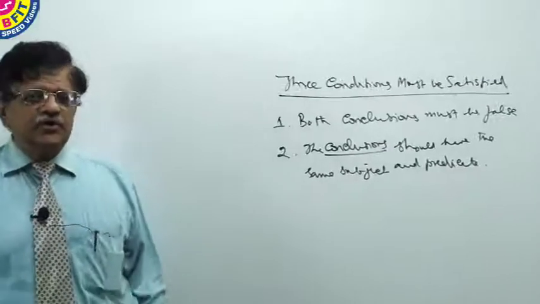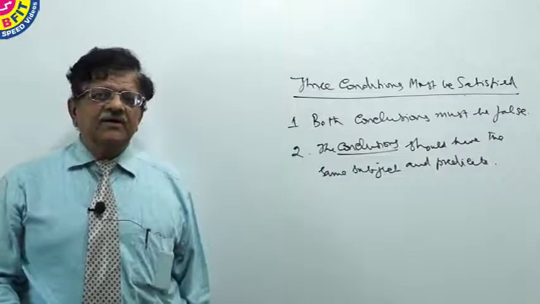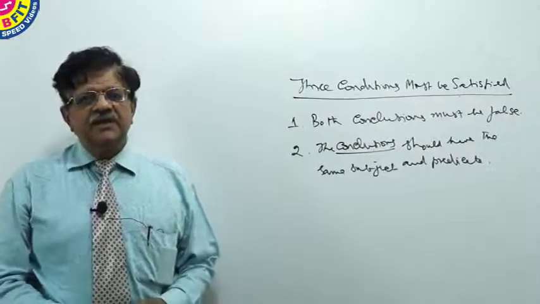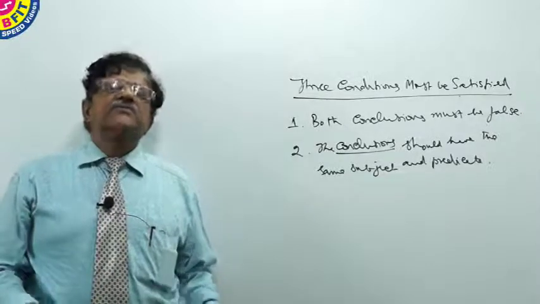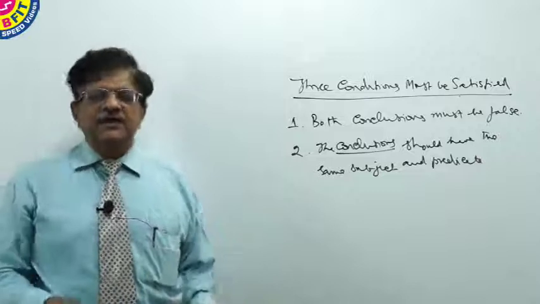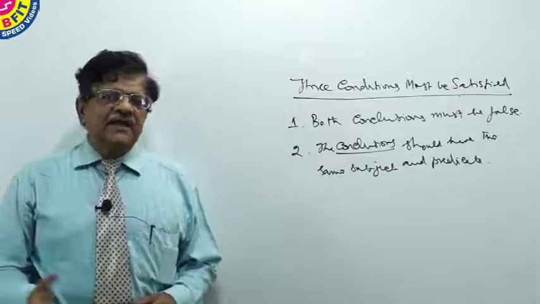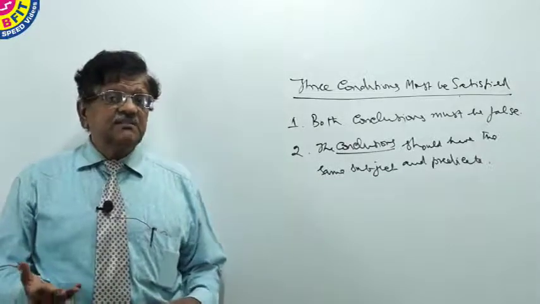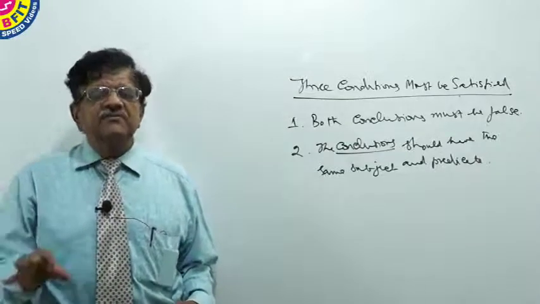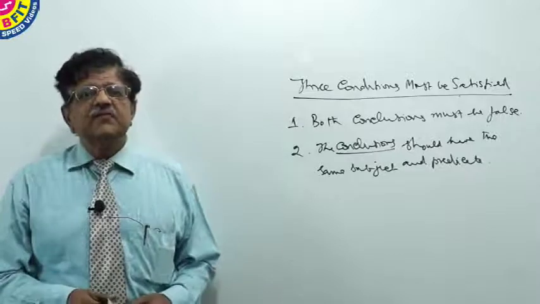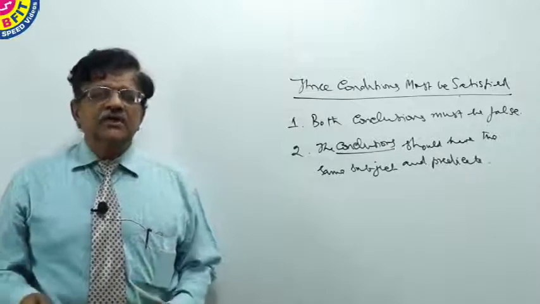I used to compare this to a malaria check. Suppose somebody gets shivering with fever and he goes to the doctor. The doctor will say this is a possible case of malaria. He will not start giving malarial drug. No, he will want it to be checked whether this is malaria or not. Therefore, he will ask the patient to go and check for malaria.